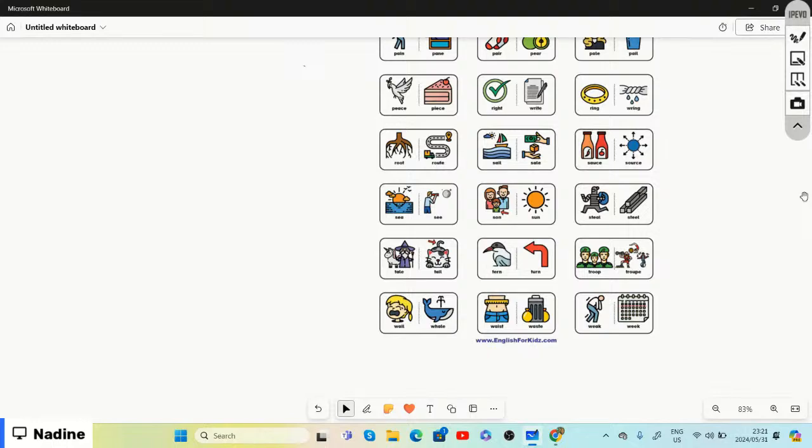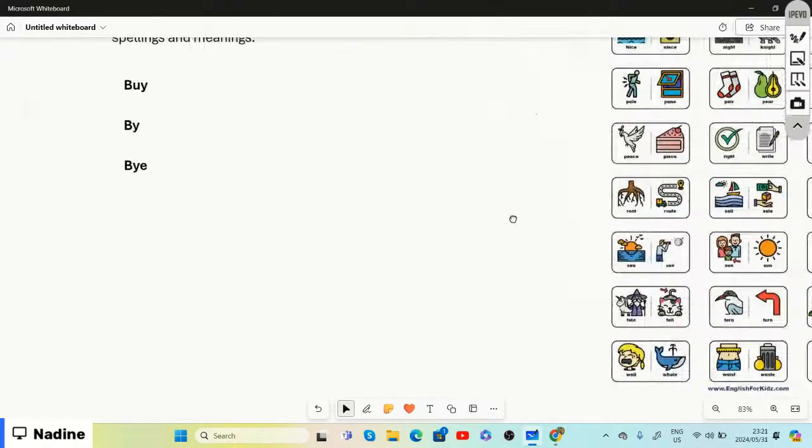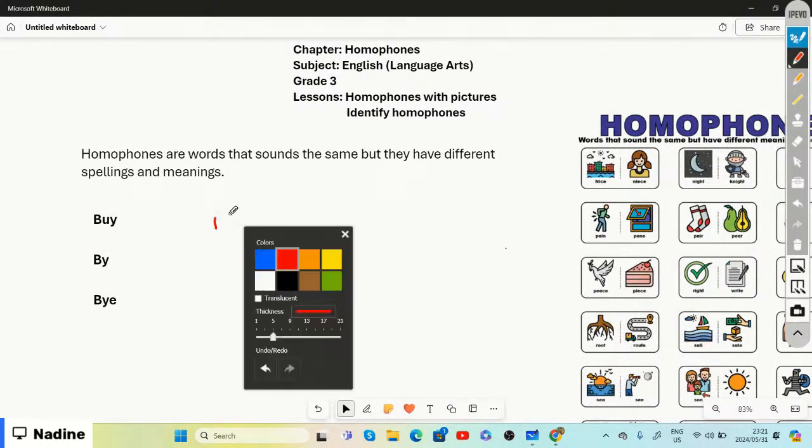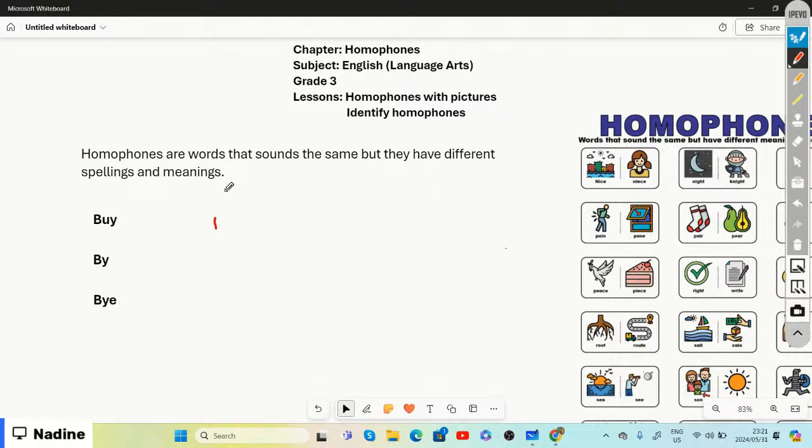Yes. So, somebody's also mentioning one by saying more homophones are words like male, sorry, male and mail, right?